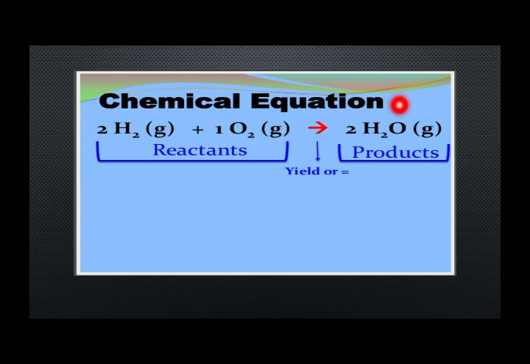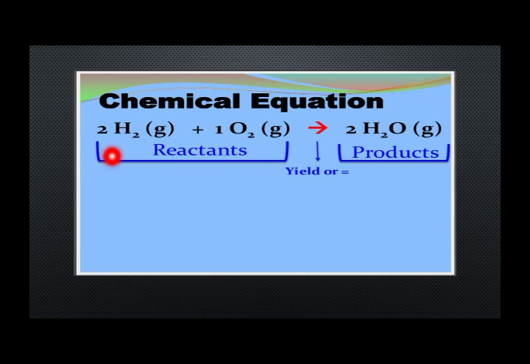Why do we call it a molecule? Because two different elements are present in it. One is the two atoms of hydrogen, and the second one is one atom of oxygen. So as we all know, when three atoms are combining and forming a molecule, a compound, we always call it a molecule, because an atom is always single, and when we have two or more atoms in a combination, we call it a molecule.